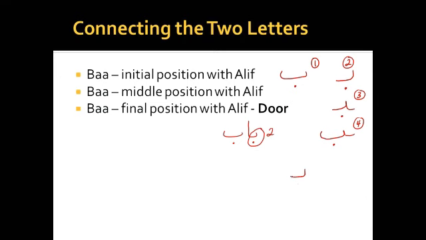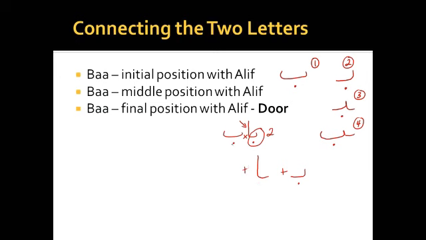So that looks like this. Now the alif here, notice that the alif, talking about this alif here, it connects to what comes before it, but of course, the alif never connects to what comes after it. So, but this is the medial position.